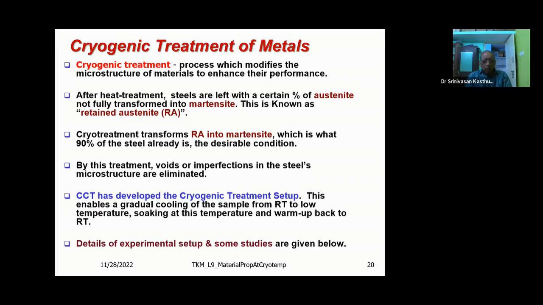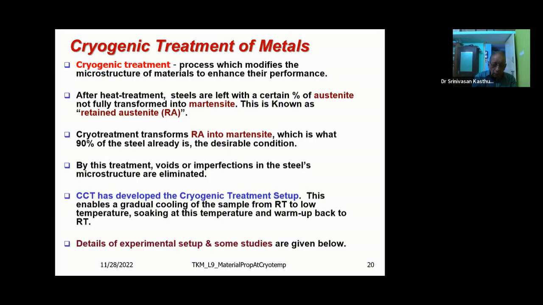Okay. Now, what does the cryogenic treatment do? The cryogenic treatment actually transforms the residual austenite to martensite. Okay. This is what 90% of the steel already is, the desired condition. The martensite is a very much desirable condition. But there is some amount of austenite which is left over.